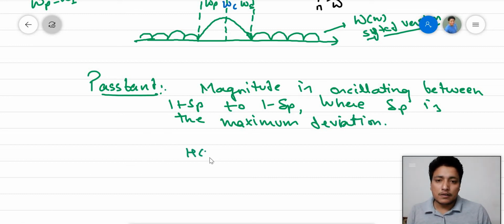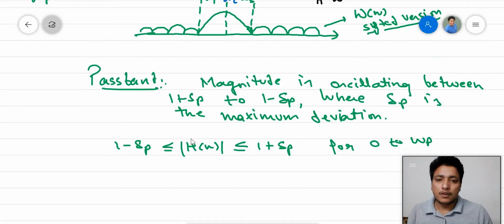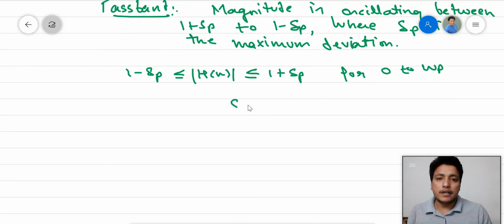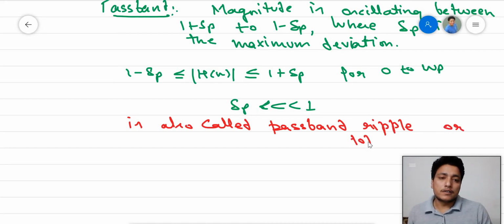So H of omega in the pass band is greater than or equal to 1 minus delta p and less than or equal to 1 plus delta p, for 0 to omega p. One thing to be noted in this particular case is that delta p is much less than 1. This delta p is also called the pass band ripple or tolerance.